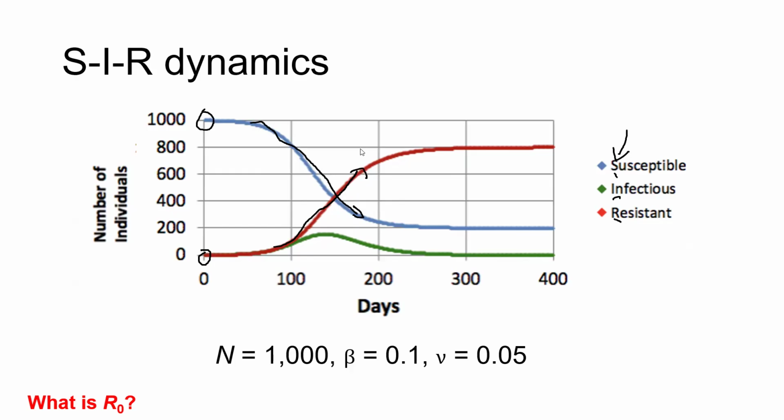Versus not being able to be infected, or more importantly, you have a subpopulation of people who are infectious, right? As this goes up, the susceptible number goes down because they're moving from the S to the I. But as you have infections go up, you get people who become resistant to that infection.